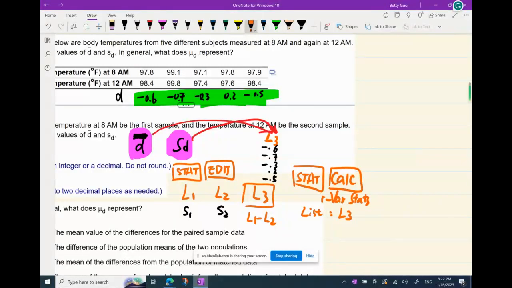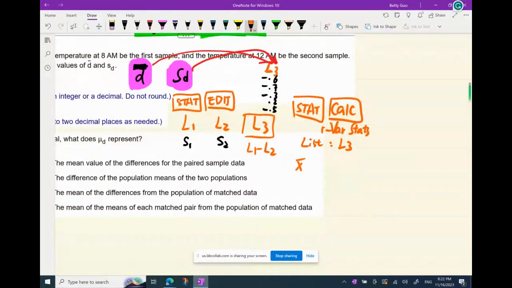I have X bar equals negative 0.38. I have other things like sigma x squared, S sub x. Yeah, S sub x is the one we want.